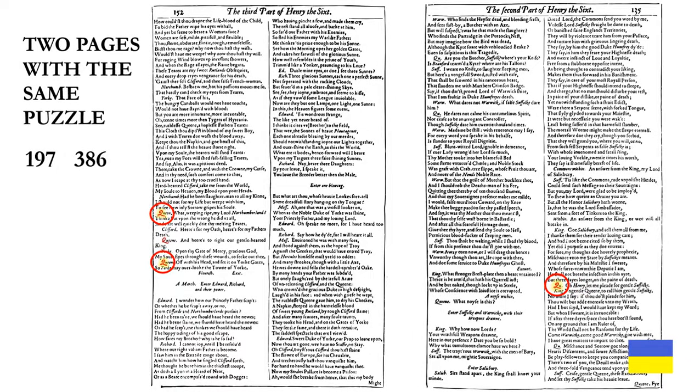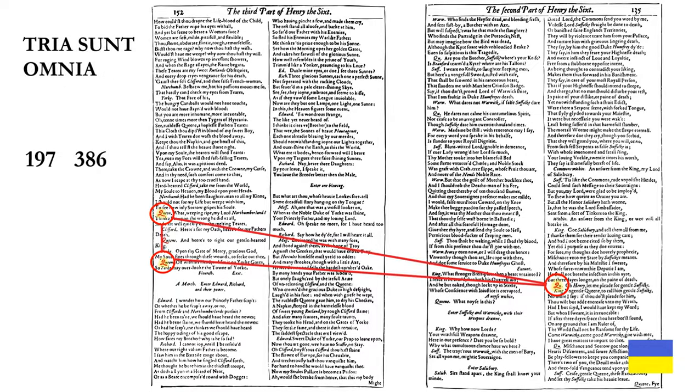So here we have 2 pages with the same puzzle. Page 152 has 2 versions of it. Page 135 has 1 example. This gives us another example of the tria sunt omnia principle. The same sort of puzzle is repeated 3 times.